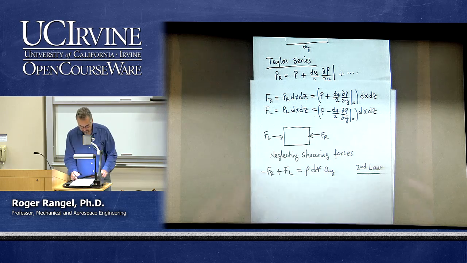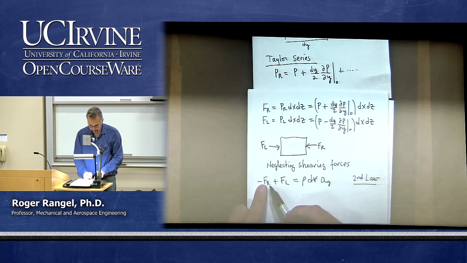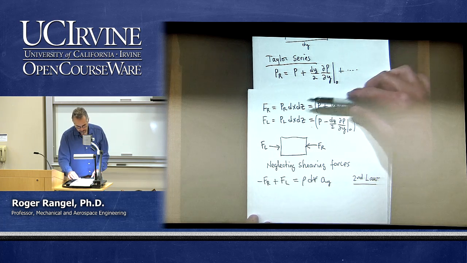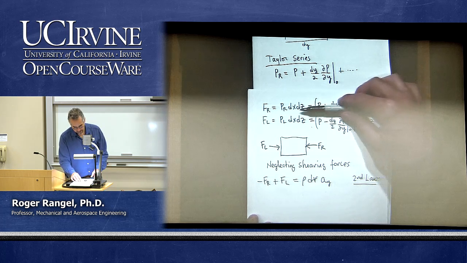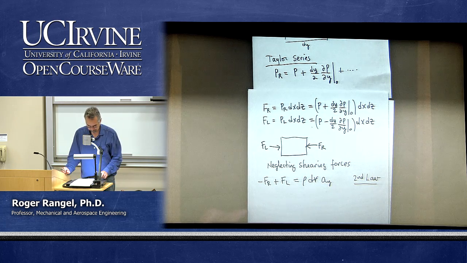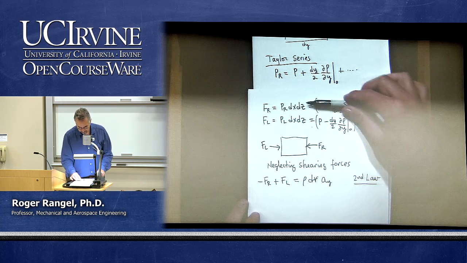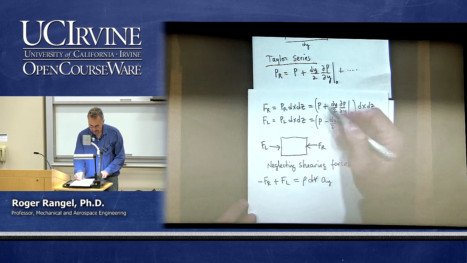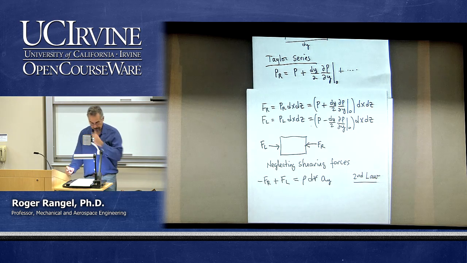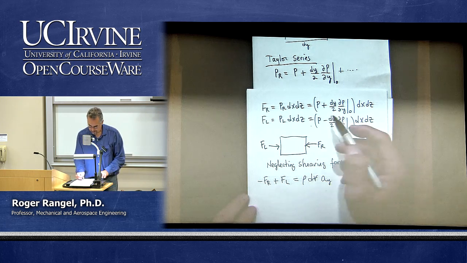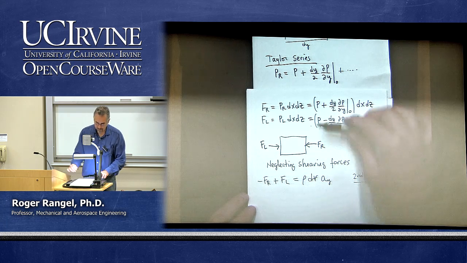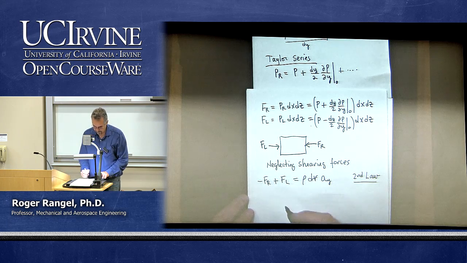So putting everything together, if I do minus F sub r plus F sub L, I am going to be flipping the sign of the expression on the top. All right? So this will be all negative, this will stay positive. So of course when I add, the first term in this Taylor series will cancel out. And the second terms, this will be negative, this will be still negative. They will add together with a negative sign.